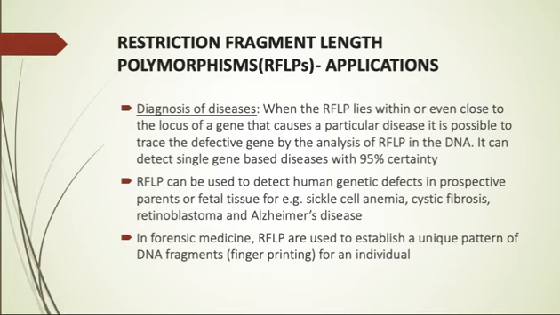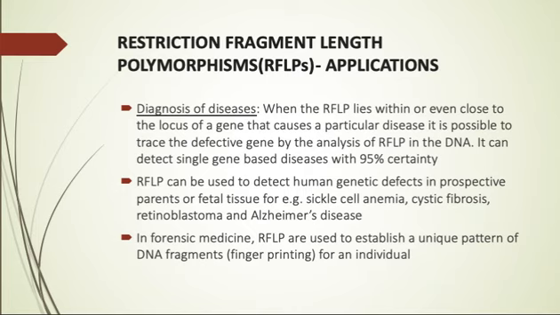It can help in the detection of single gene based diseases with at least 95% certainty. RFLP can be used to detect human genetic diseases in prospective parents or in fetal tissue if it is taken for diagnosing any genetic diseases.